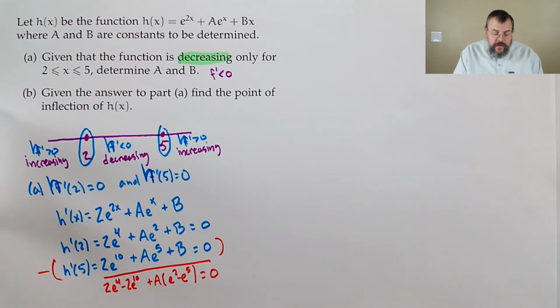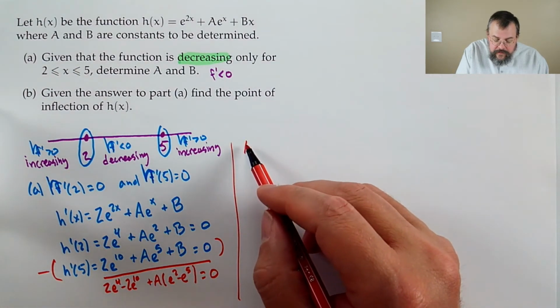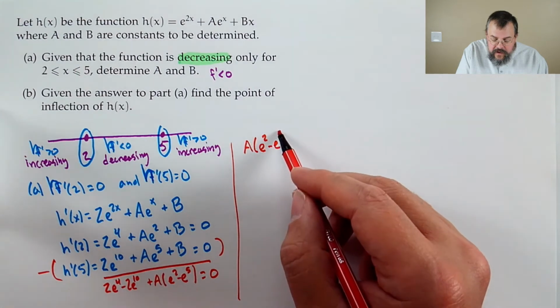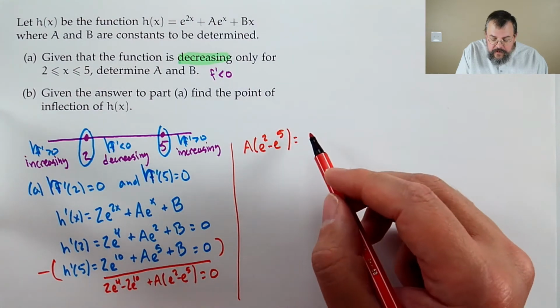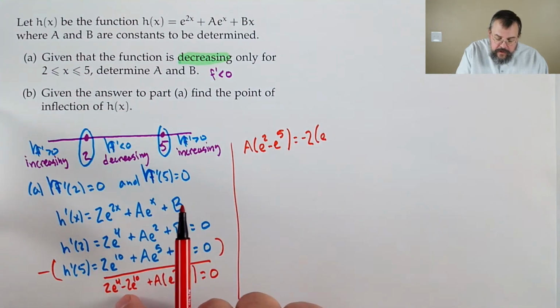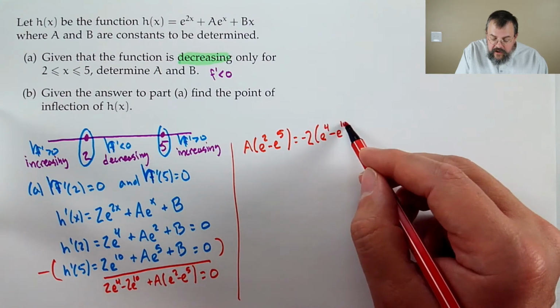So, well, can we go any further than that? Well, of course we can. Come on, we got this. All right, so we can write this as a times e squared minus e to the 5th is equal to minus 2, and I'm just going to pull out a 2 here, e to the 4th minus e to the 10th.